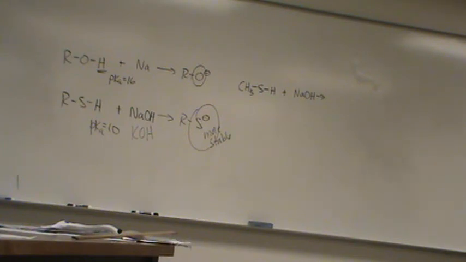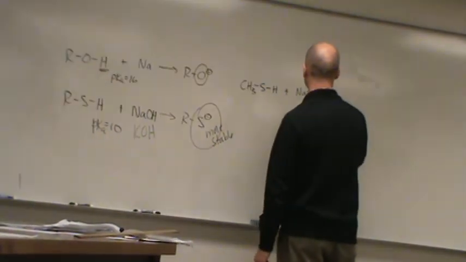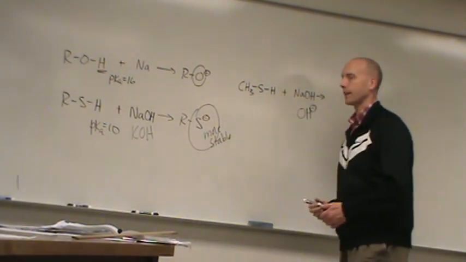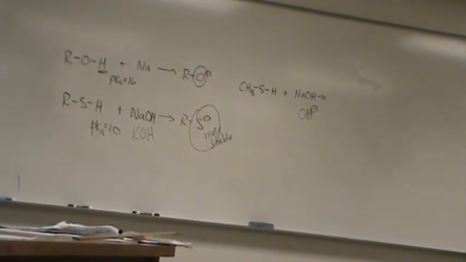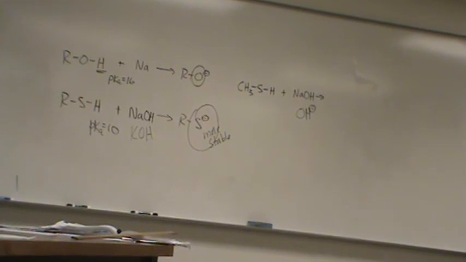Remember, when you see sodium hydroxide or potassium hydroxide, it's basically acting as OH minus. So what's the OH minus going to do? I'll call somebody out, so be ready.